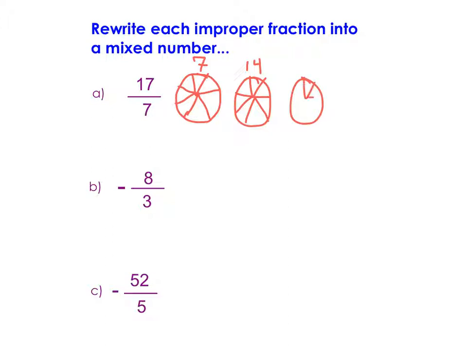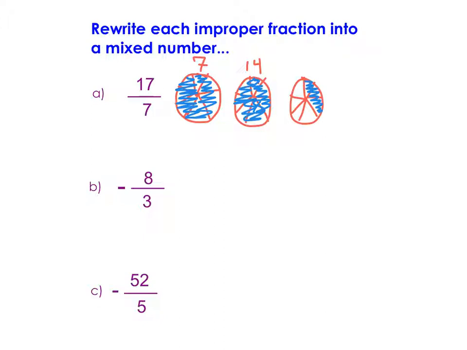And then we have 7 more. So if we go through and actually color in what 17/7 looks like, we have 1 through 7, 8 through 14, and then 1, 2, 3. So that's what it looks like visually.